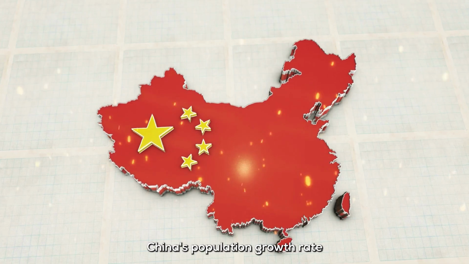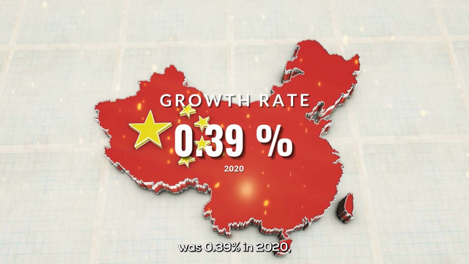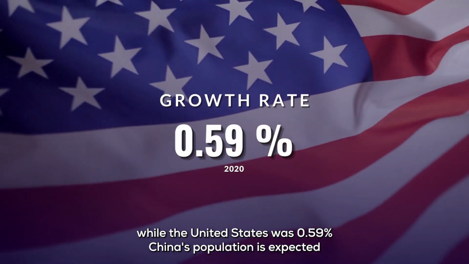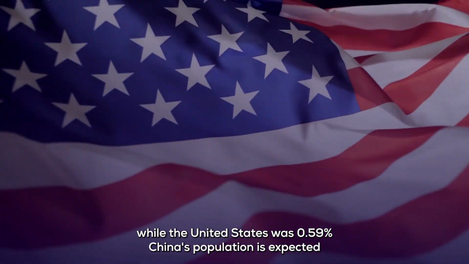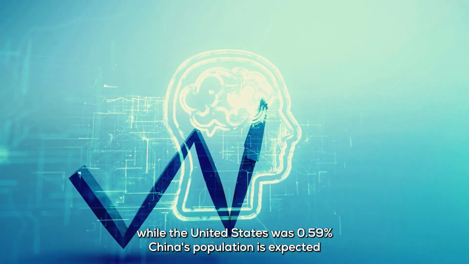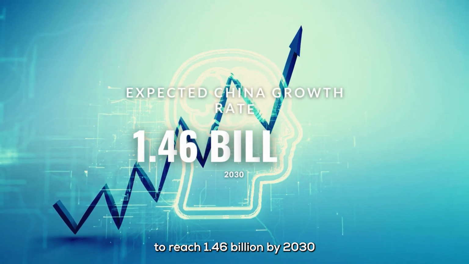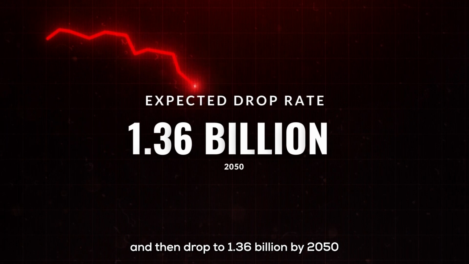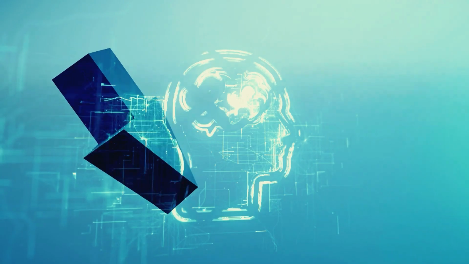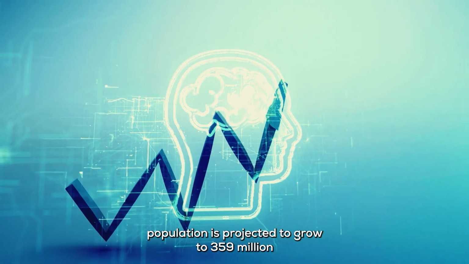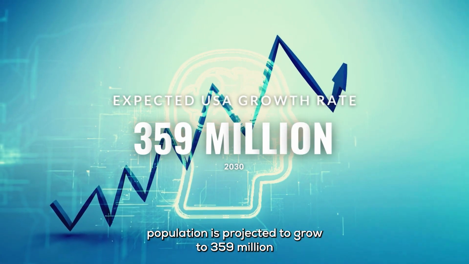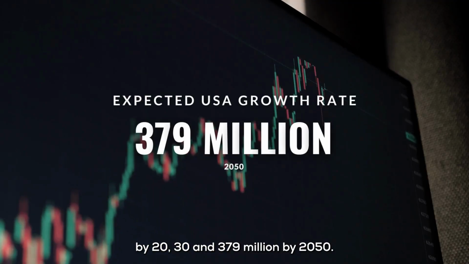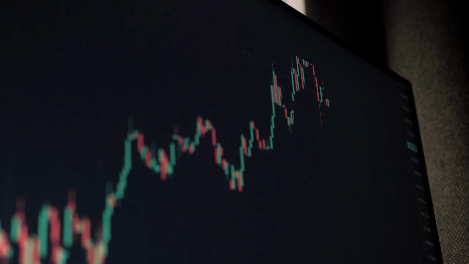China's population growth rate was 0.39% in 2020, while the United States was 0.59%. China's population is expected to reach 1.46 billion by 2030 and then drop to 1.36 billion by 2050. The United States population is projected to grow to 359 million by 2030 and 379 million by 2050.